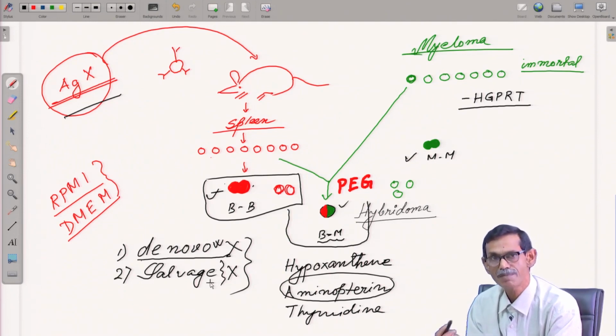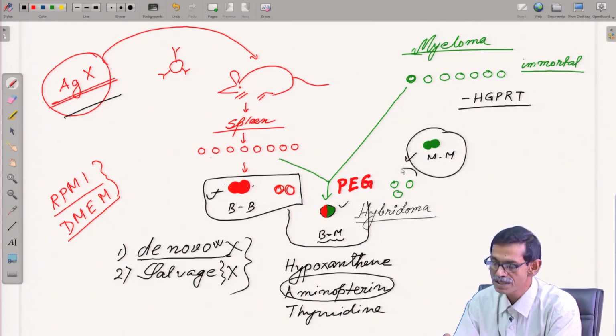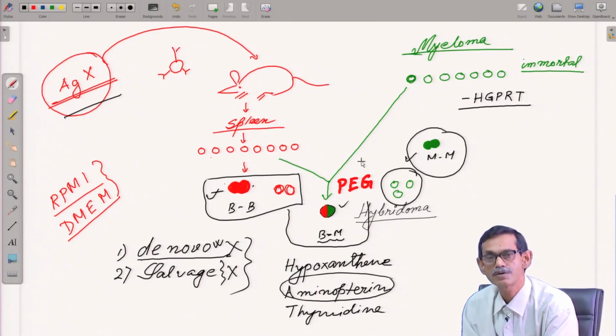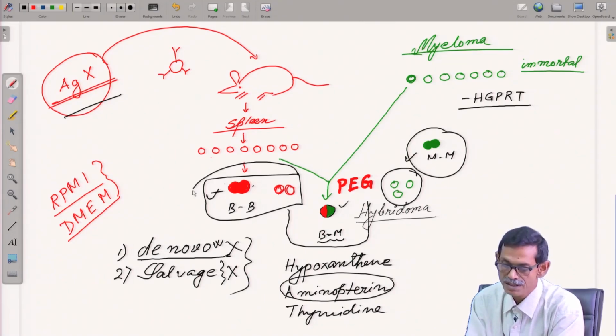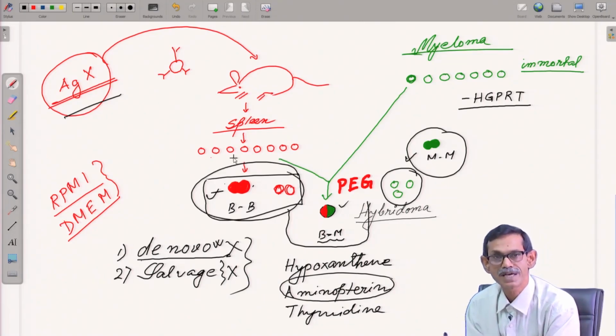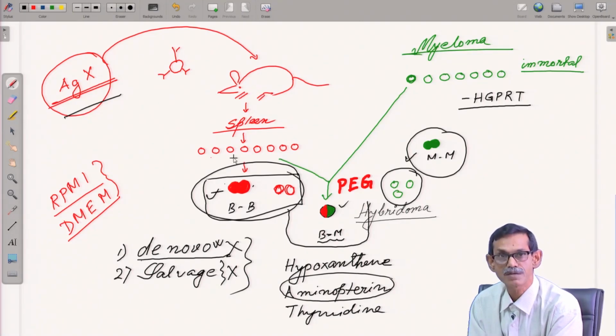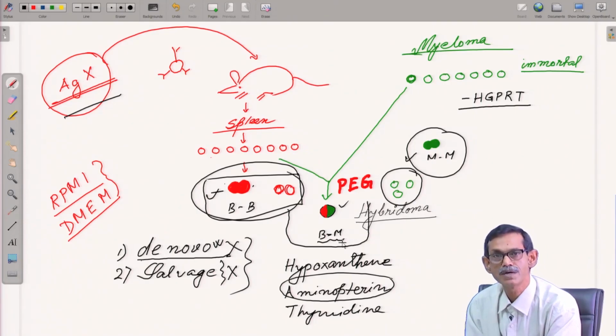So, with time, both these fused cells as well as single myeloma cells are going to die, and these cells also are going to die by natural death, because they cannot survive more than a few cycles. So, as a result, ultimately we will have only the hybridoma, where B cell and myeloma cell get fused.